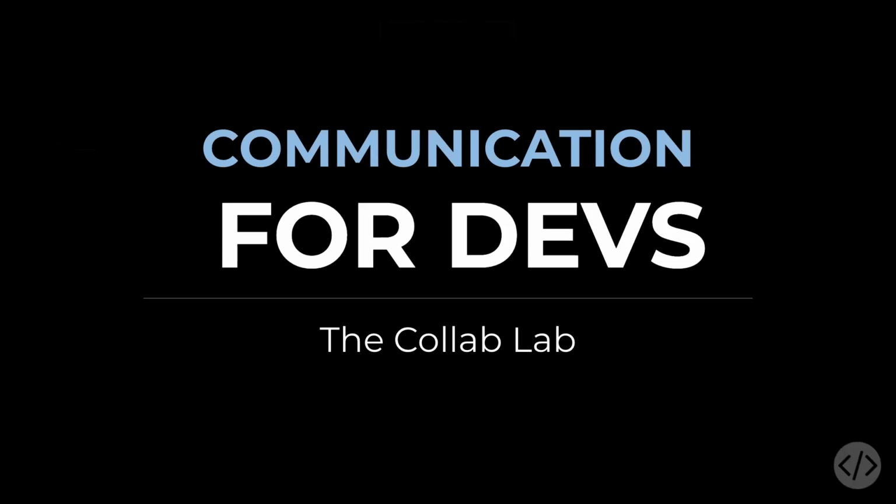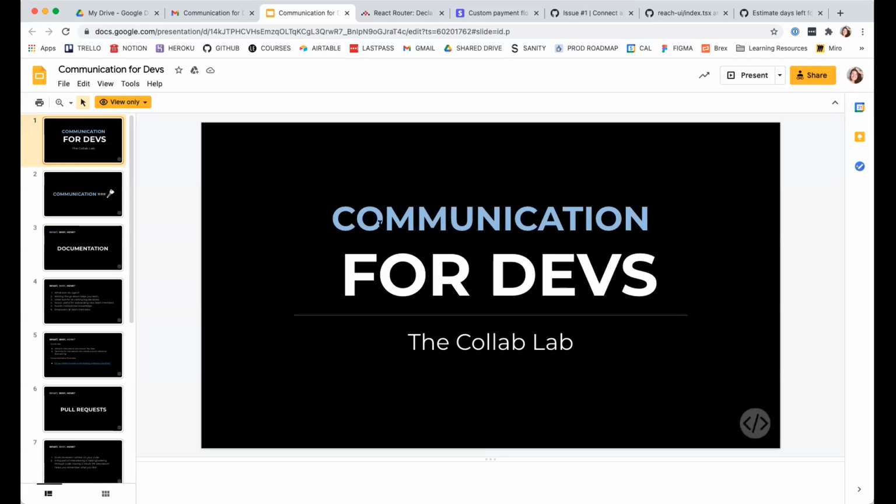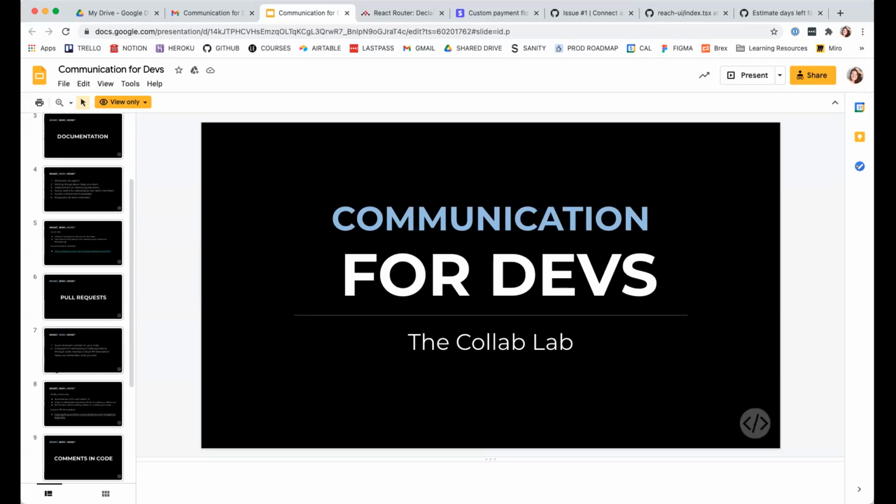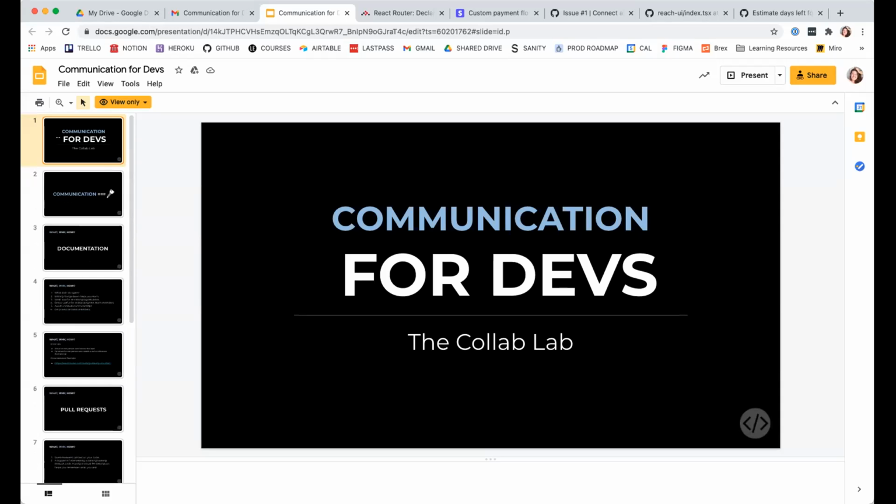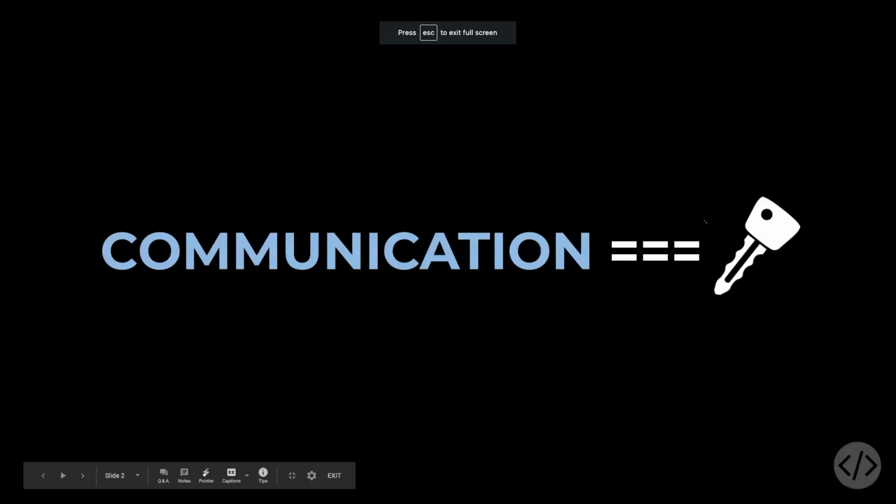So yeah, we're going to go over communication for devs, and the three main things we're going to be talking about are documentation, pull requests, and comments in the code. So just for you to have a little bit of an overview there. So basically, the whole theme of this learning module is that communication is really key as part of being a developer.